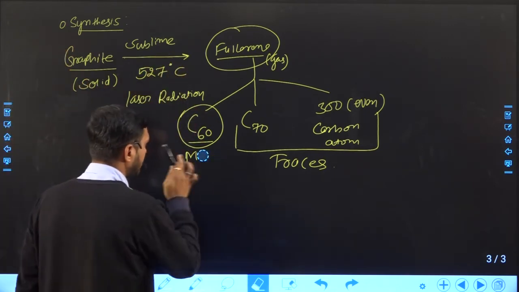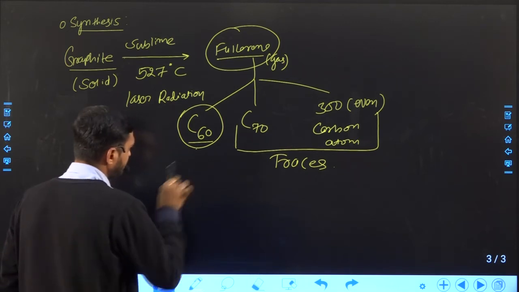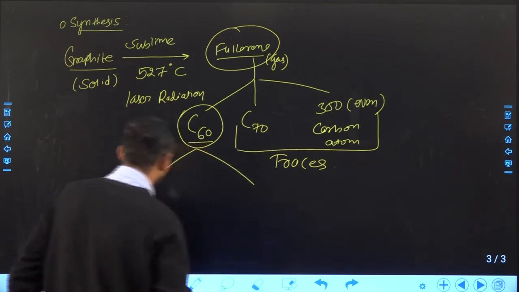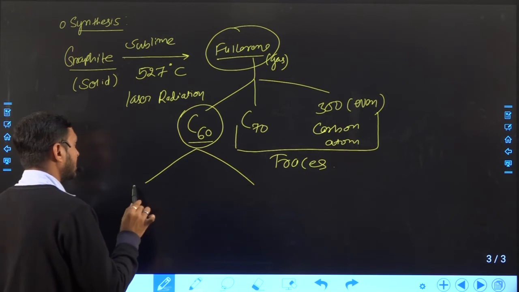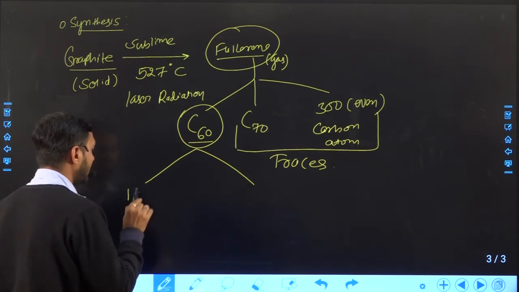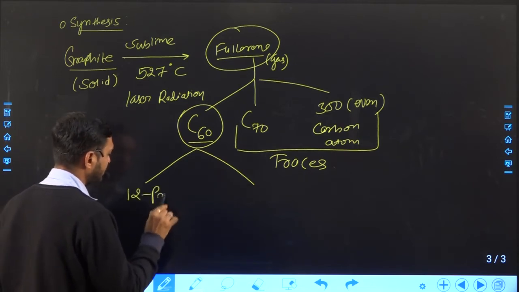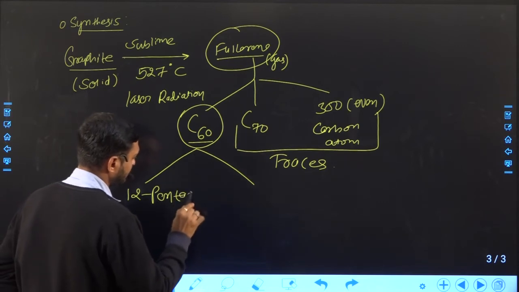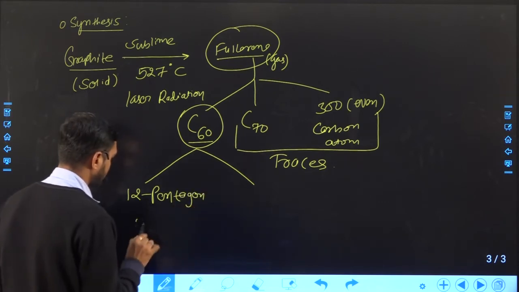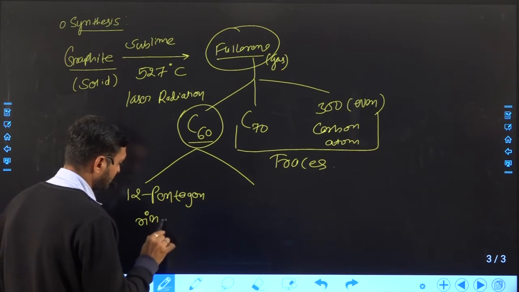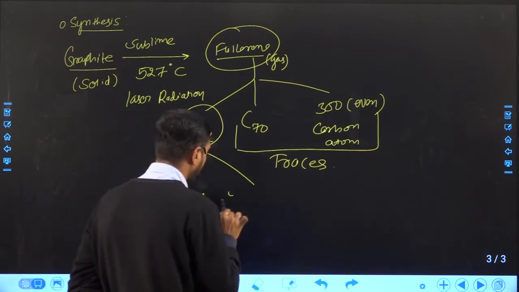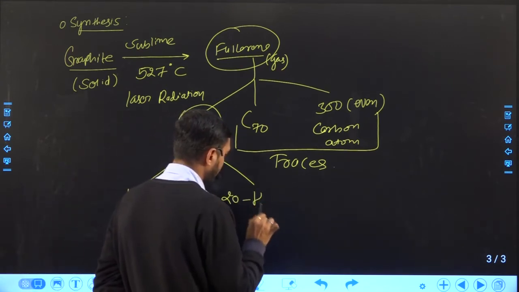But this structure also consists of 12 pentagon rings and 20 hexagon rings.